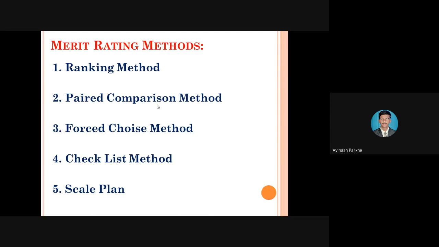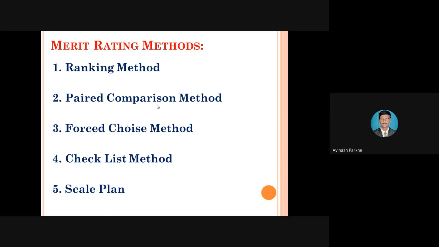This is a good person: good, better, best. Whether he is working in an effective manner, yes or no. Whether he is honest, yes or no. Like that, so many questions are given. Some standard statements are defined, and based on those statements, the performance of the operator will be evaluated.